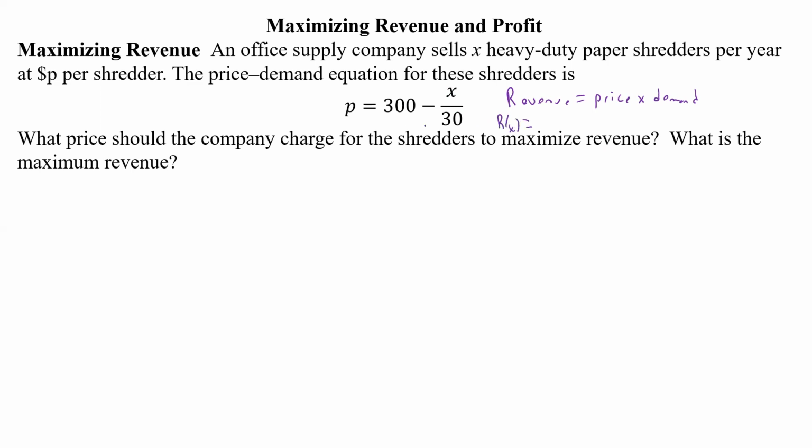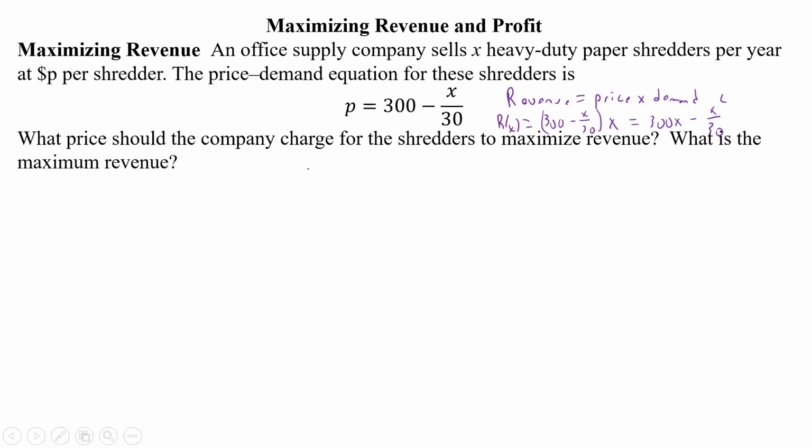It's going to be this price, which is 300 minus X over 30, times our demand, which is just X. And so that's going to be 300x minus x squared over 30. So that will be our revenue function.